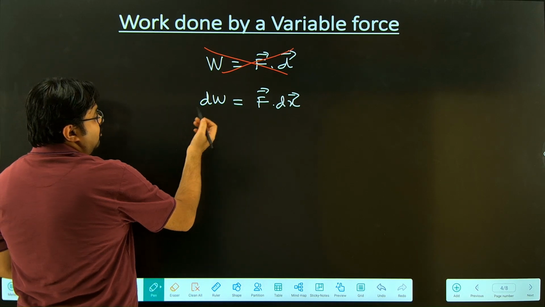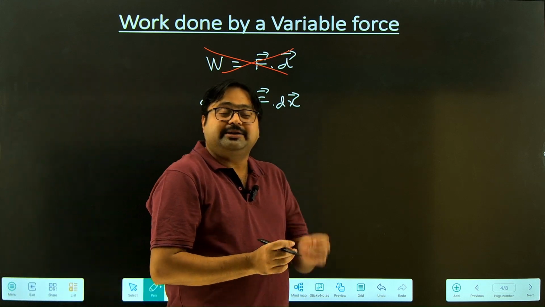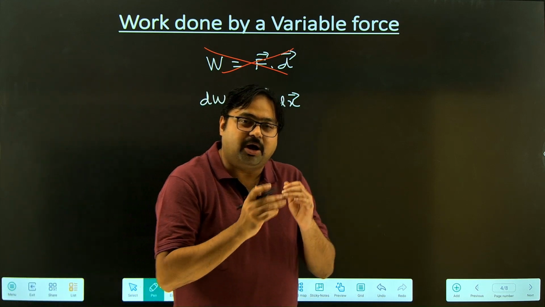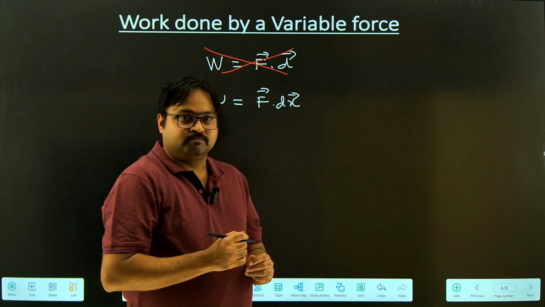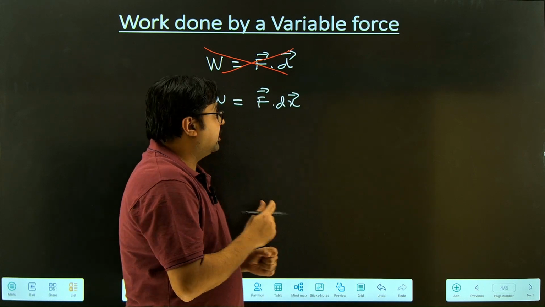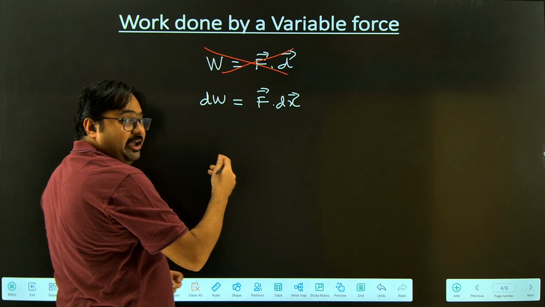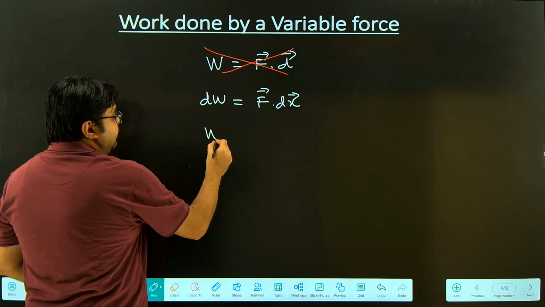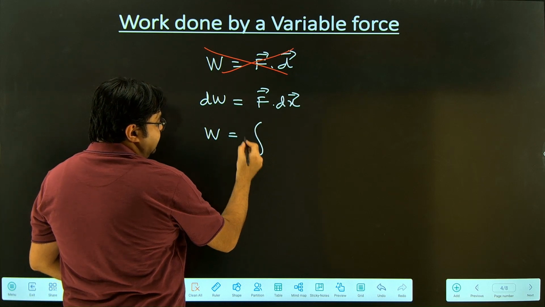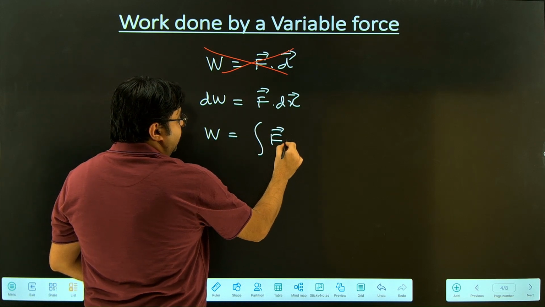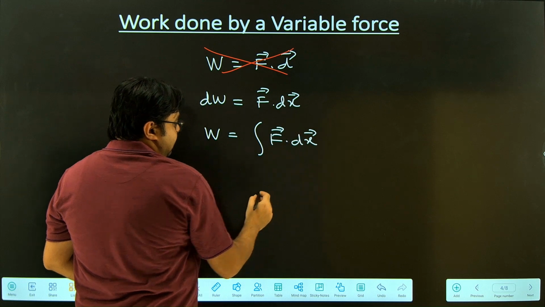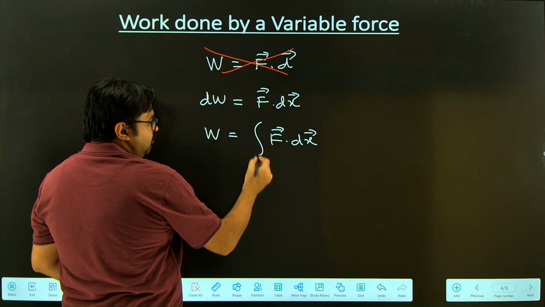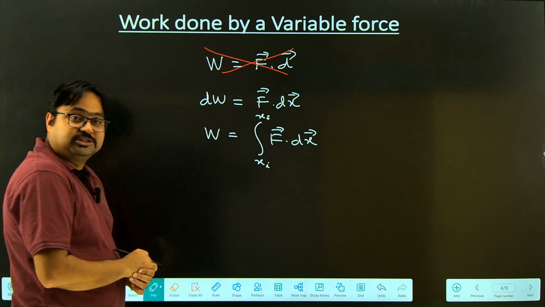Now this is how you would calculate a tiny work done in moving the body by a tiny amount. If you want the total work done, then this function, which is F in this case, should be a function of x, and the total work done would simply be equal to the integral of F dot dx, and it must be integrated from some initial position to the final position x.